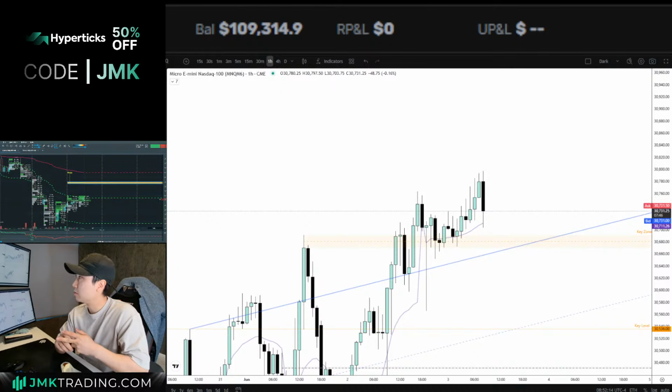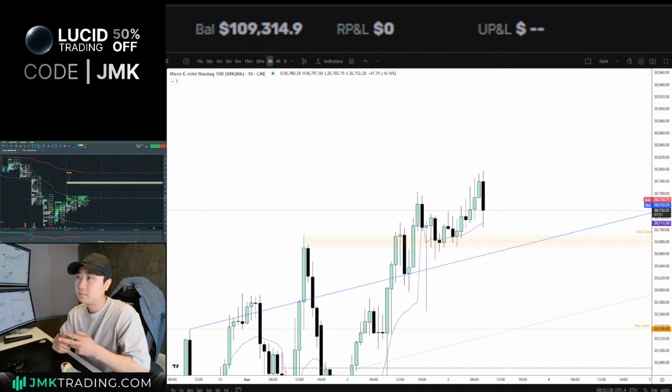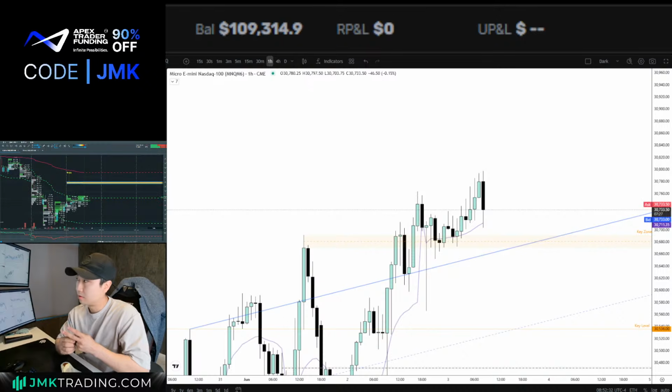That's when my edge really shines, so that's when I like to trade my fundeds. But if I come into the day with some certainty that my edge is not going to do well, then I'll probably just trade evals. Or if I've just been trading poorly the last few days, I'll just trade evals.